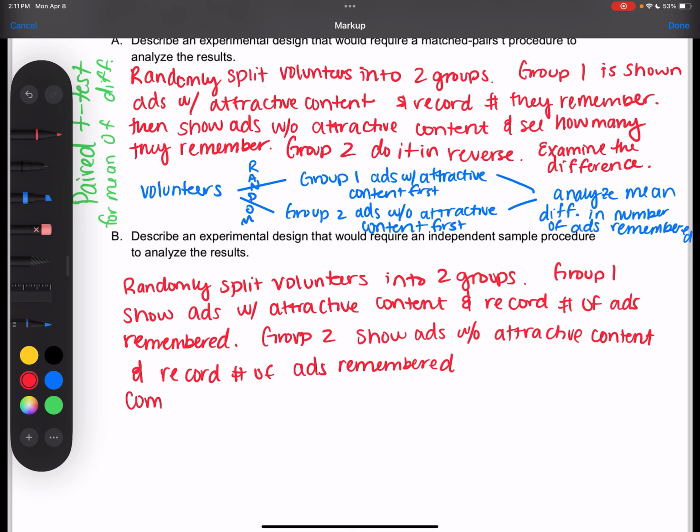Then compare mean number of items remembered by each group.